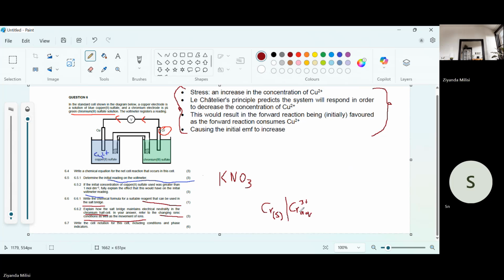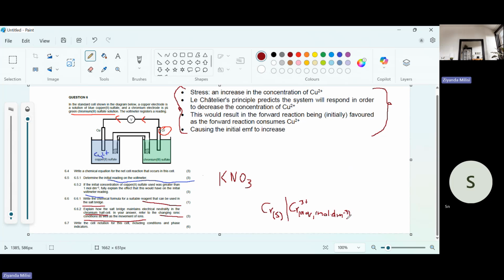You write the concentration, 1 mole, and you must show it per dm cube.